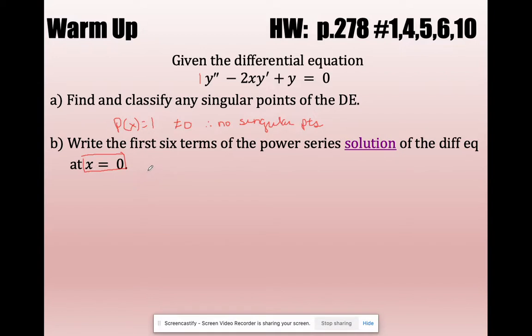So I'm going to skip ahead to the part where I would have already shifted my indexes so that I had an x to the n. With the second derivative, the first derivative, and distributing this 2x in, again, I'm skipping some work here.